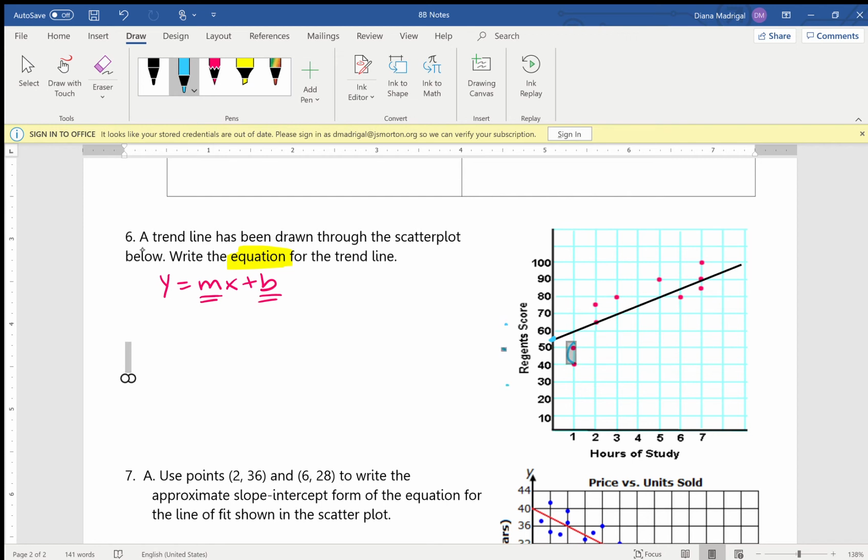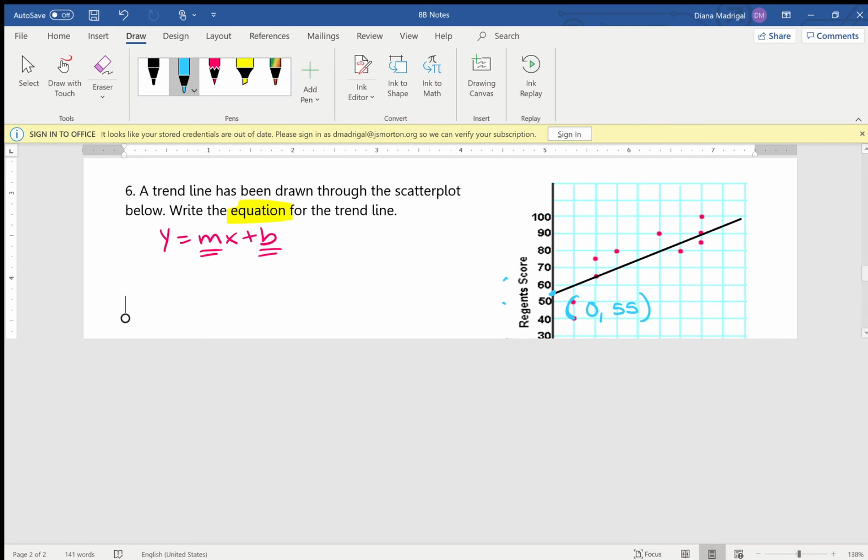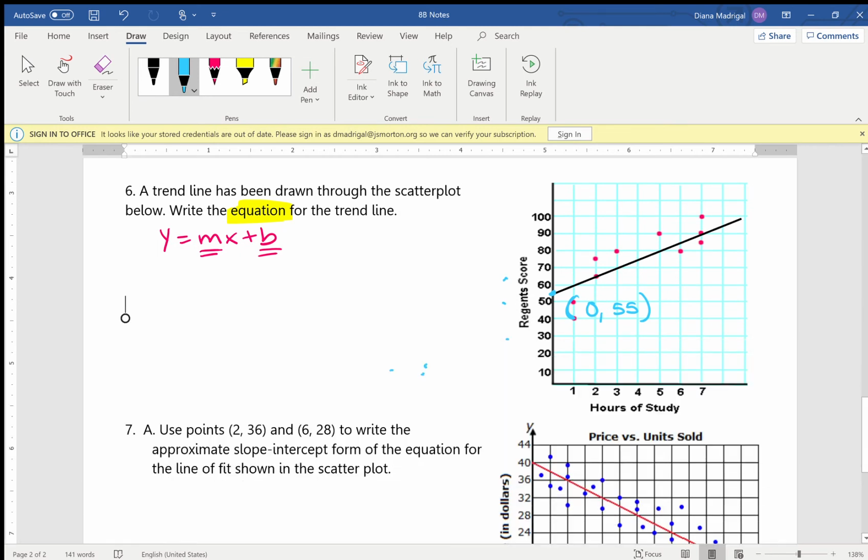So my coordinate point for this one will be (0, 55). Then for the next point I'm going to use a point that's already in the graph, part of my scatter plots, which is this point right here. This point is at (2, 65). It's in the middle between 60 and 70, so it's 65.